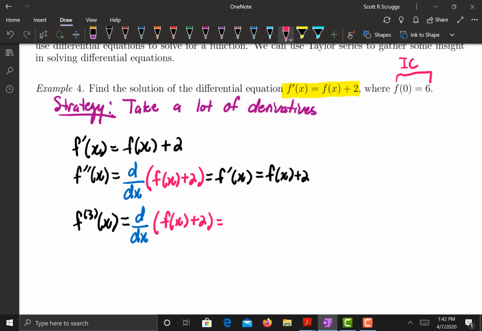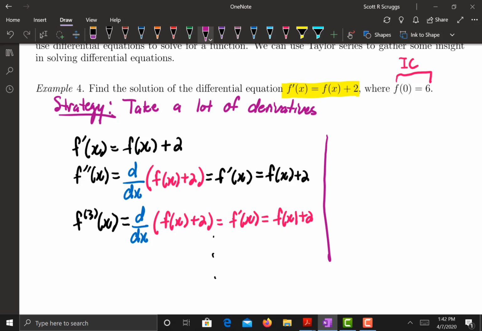Which means I'm back to f prime of x, which means I'm back to f of x plus 2. And I say that's going to happen no matter what you're working with.